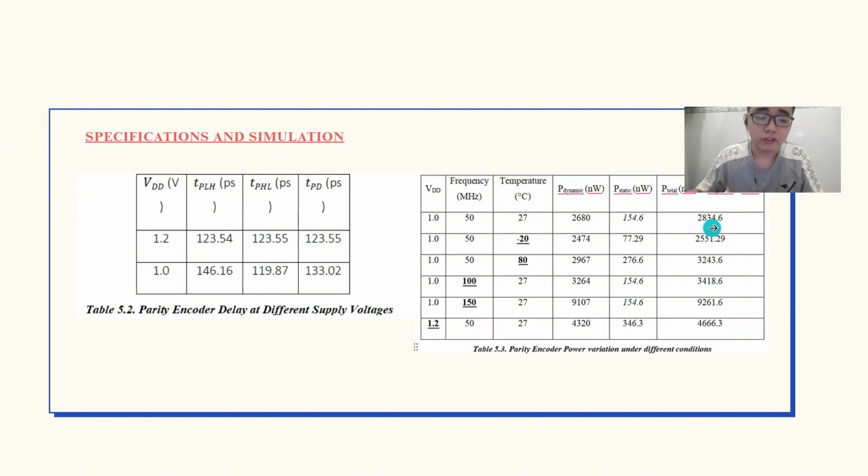Now let's look at the variation when the temperature decreases to minus 20 degrees Celsius. Both dynamic and static power decrease. You see that?